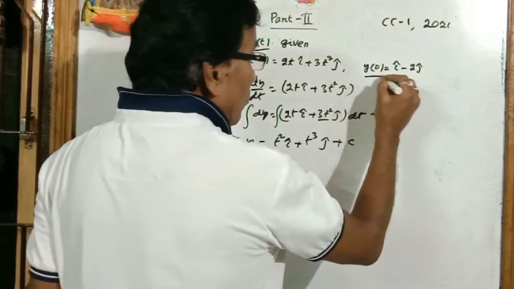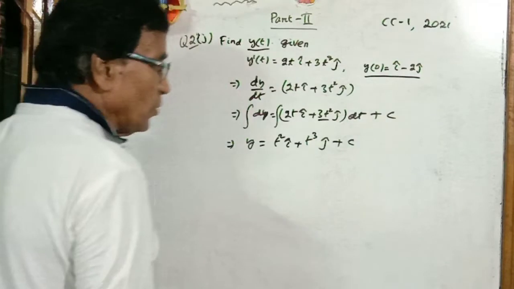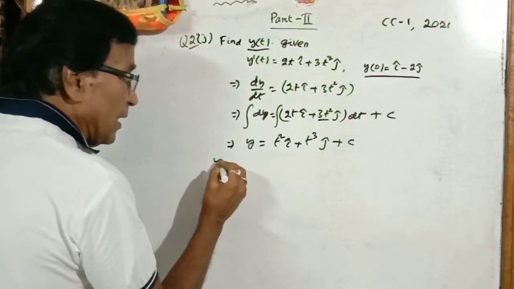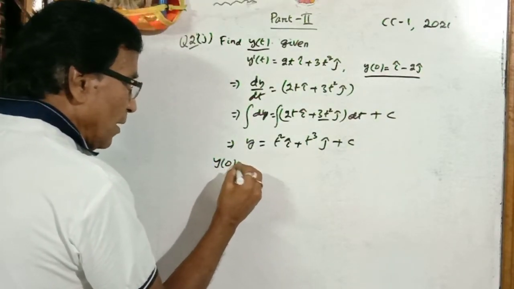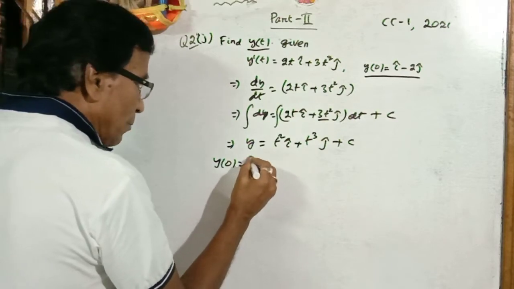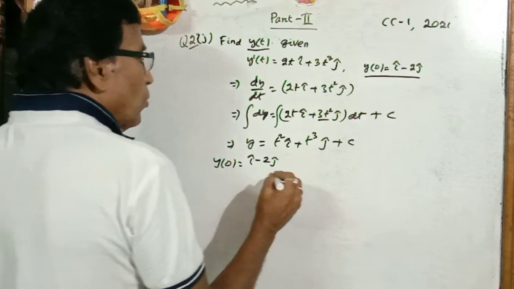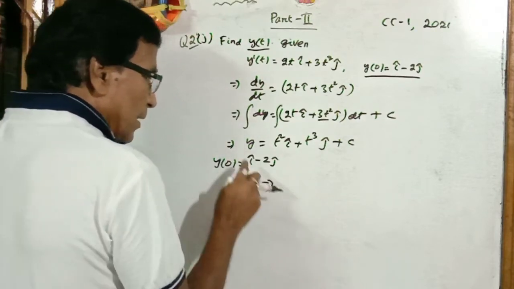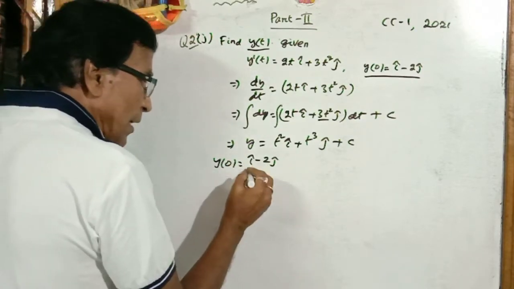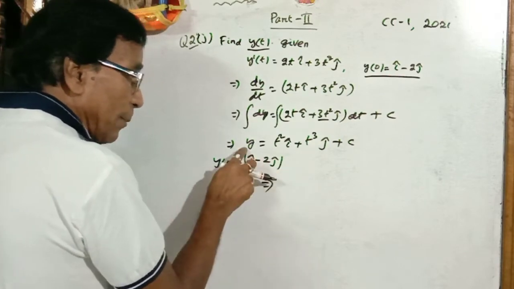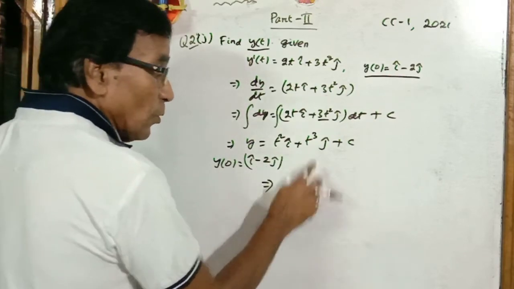Here it is given that y of 0 is equal to i cap minus 2 j cap. So y is equal to i cap minus 2 j cap whenever t is equal to 0.